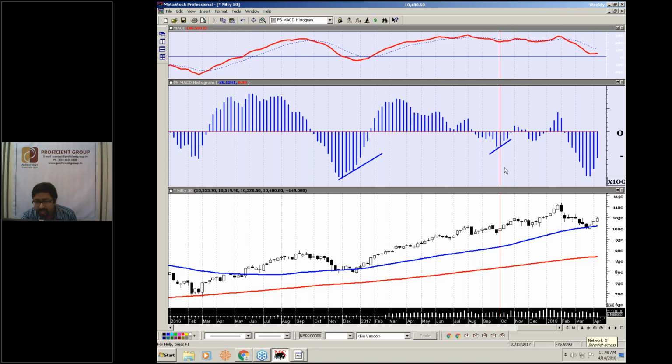Prior to that there was another signal here, but anyway, if you thought prices would go higher from here, then you would have bought it and your stop loss would be below the previous week's low. And again, you have to take a buy signal here, because MACD histogram is again sloping upward.